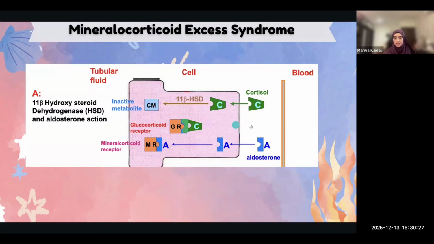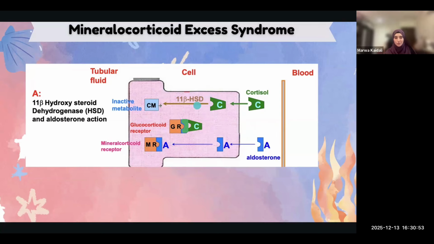Now, what happens is that basically in our bodies, we have high levels of cortisol, like way higher than aldosterone. Okay, so basically, if nothing stops cortisol, because of its high concentrations, it can basically go and bind to the mineralocorticoid receptor and it can induce the effects of aldosterone. Right? So to prevent that, thankfully our bodies have this protective mechanism, which is an enzyme called 11-beta hydroxysteroid dehydrogenase.